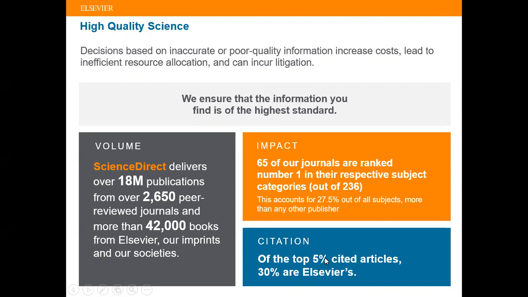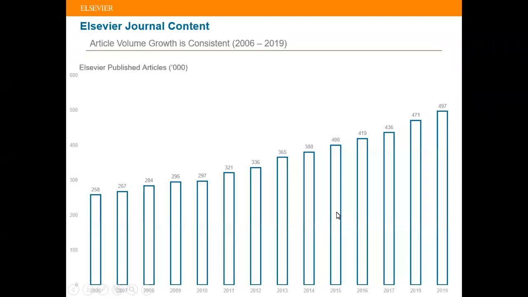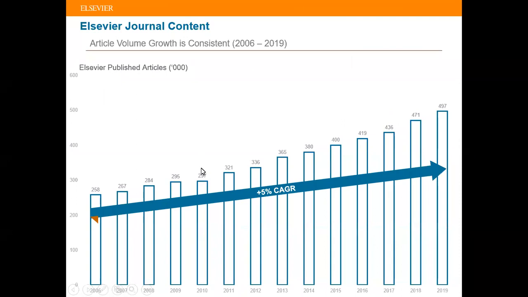Of the top 5% cited articles, 30% are published by Elsevier. And the journal content published by Elsevier continues to grow. We achieved about 5% compound annual growth rate from 2006 to 2019.